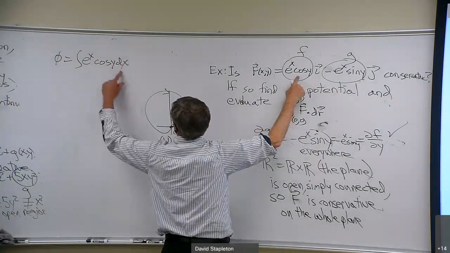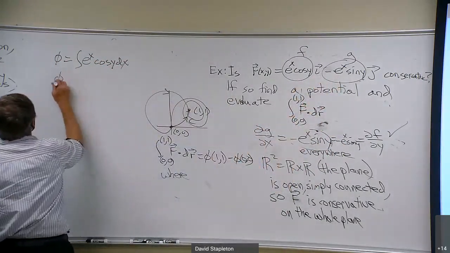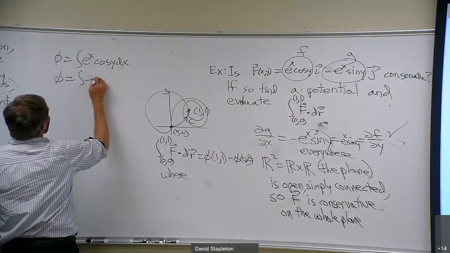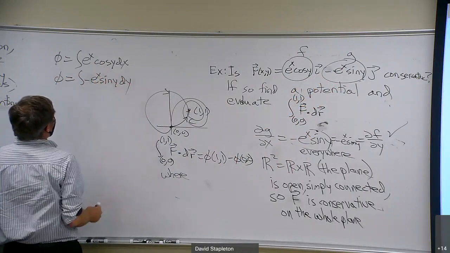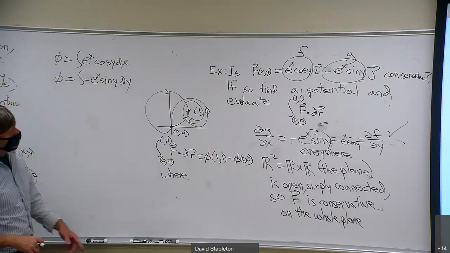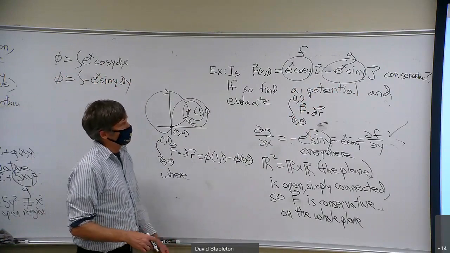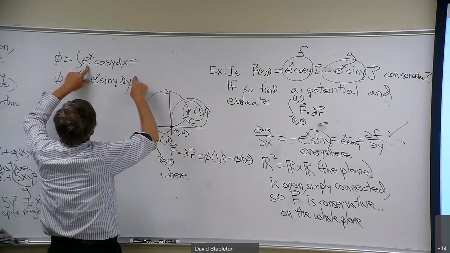So we integrate with respect to x to get phi. This is supposed to be d phi dy, so we integrate it with respect to y. And we know before we even start that we can make these the same because we already did the test. This test proved that it's going to work. We just have to find out what the answer is.